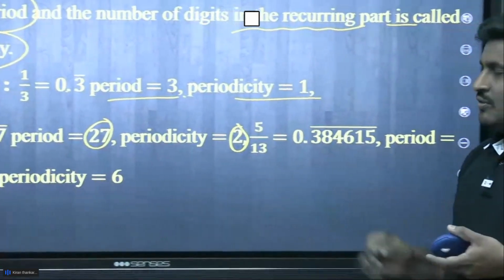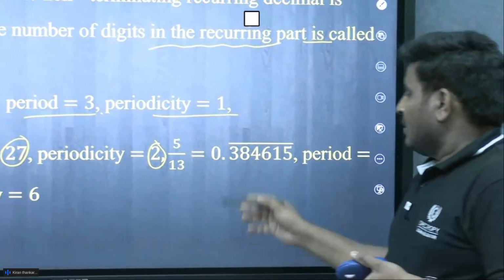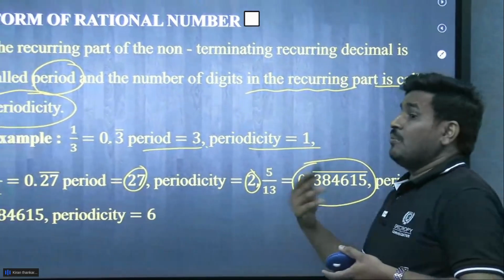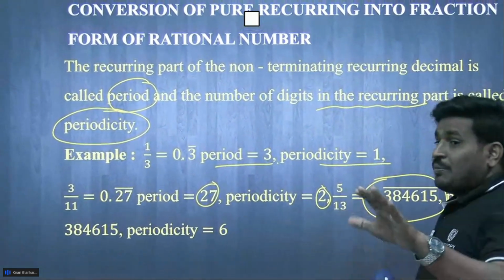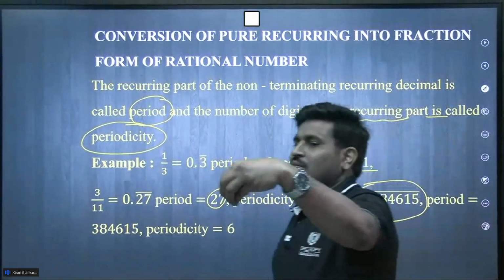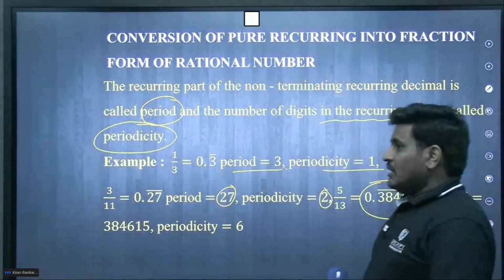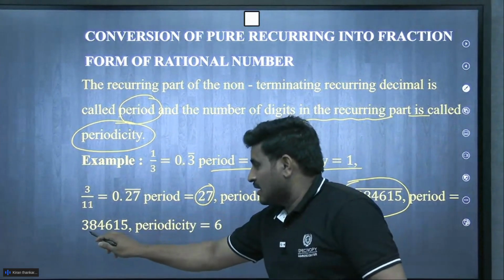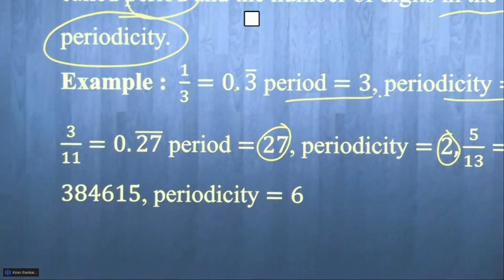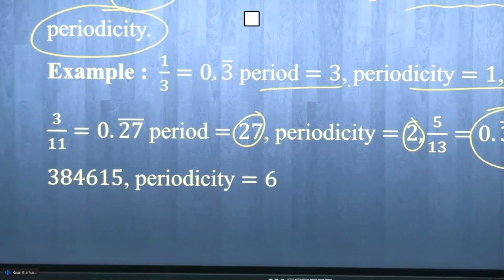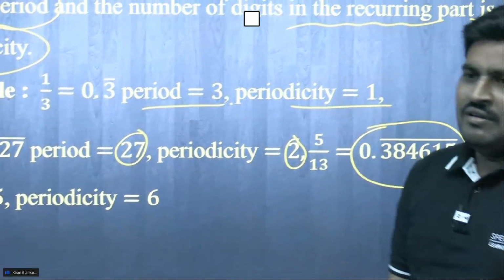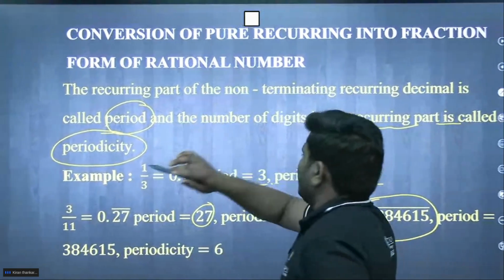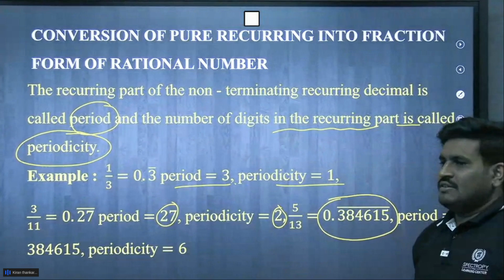And 5 by 13 is 0.384615 bar, so after the decimal point six digits recur. The period is 384615 and the periodicity is 6. This is period and periodicity.